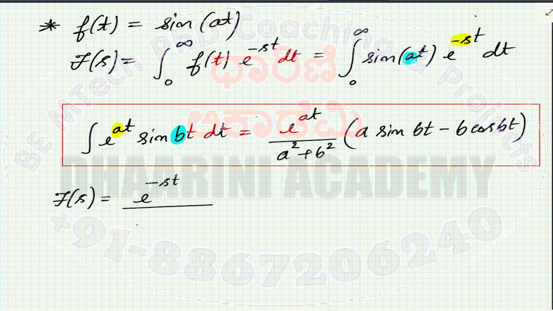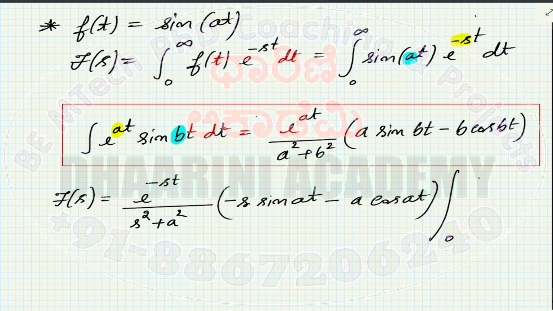So a is minus s, so this is s square plus a square, into, I have a sine bt, so a is minus s, into sine of bt, b is a, that's why at, minus a into cos at. Now this has to be substituted from 0 to infinity.